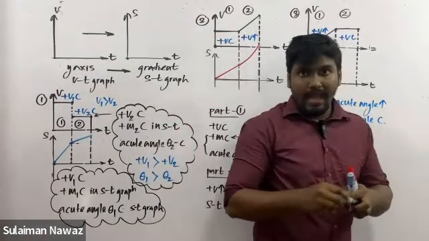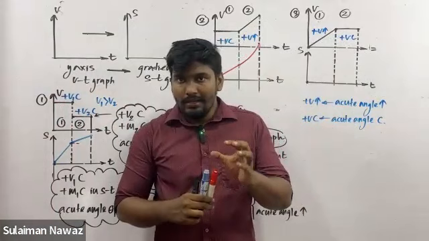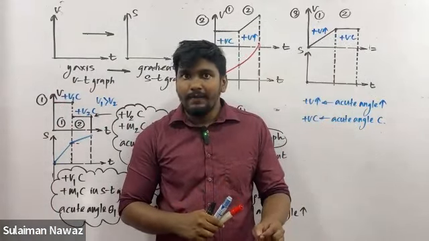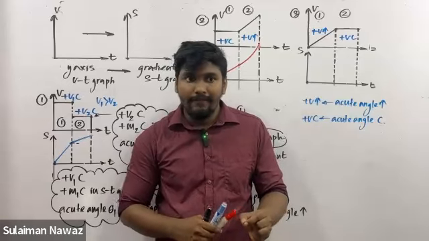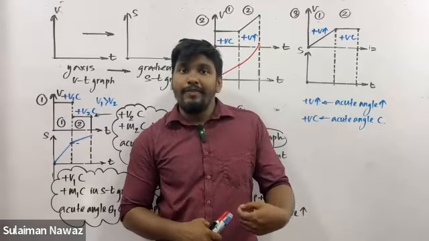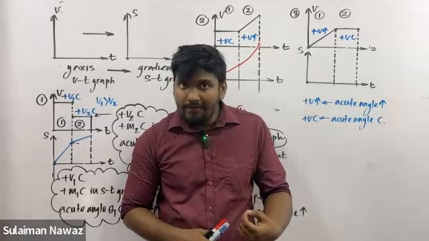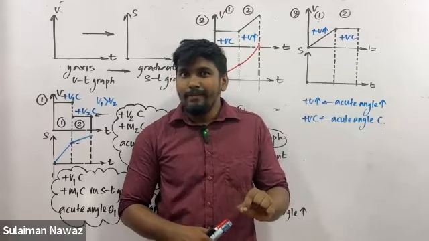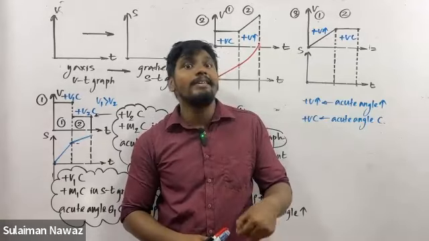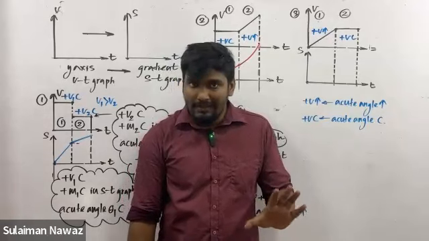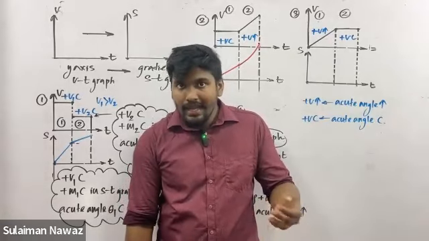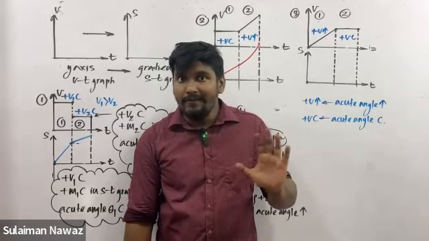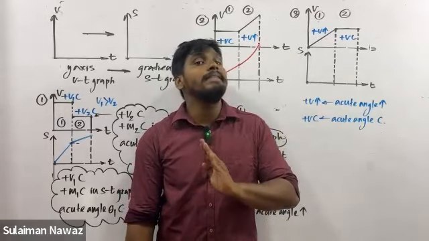Now, next important thing, I will give these notes, don't worry. Previously, I explained that in VT graphs there can be discontinuities. That means the point where one part of the graph finishes, it's not compulsory to start the second part at the same point. But in ST graphs, there can't be discontinuities.